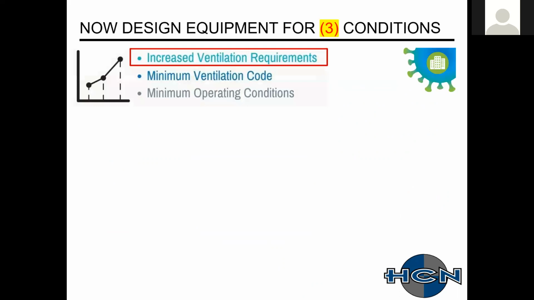So now what the ASHRAE guidelines for the epidemic has asked people to do is essentially a third design condition where you've increased your ventilation requirements above your minimum ventilation code.